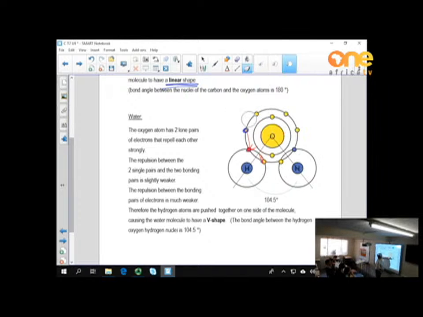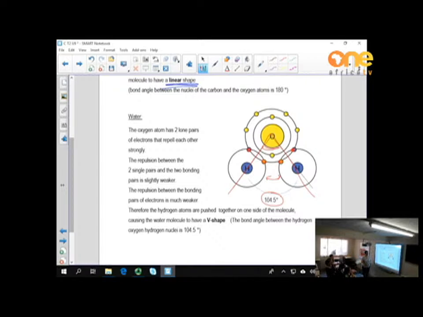So that also pushes the hydrogen atoms away downwards to one side. The repulsion between this bonding pair and that bonding pair is very weak, so they can't repel each other very strongly. And as a result of that, we find that the bond angle over here is going to be 104.5 degrees.